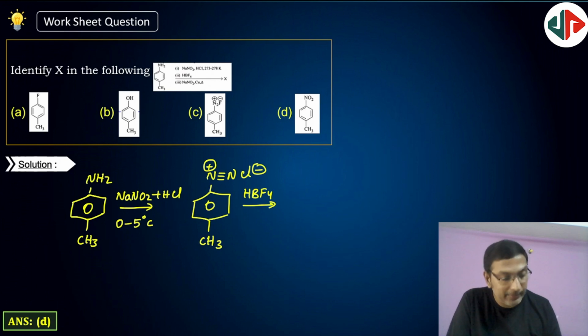So after that, fluoroboric acid. So substitution of fluorine, or we can write like this, N triple bond N plus and BF4 minus.